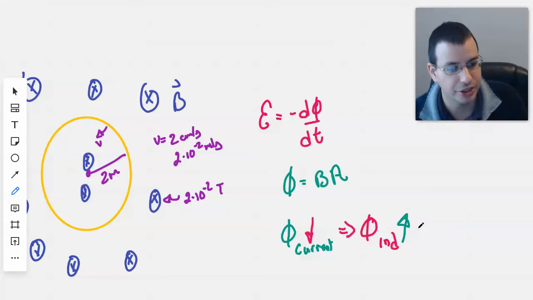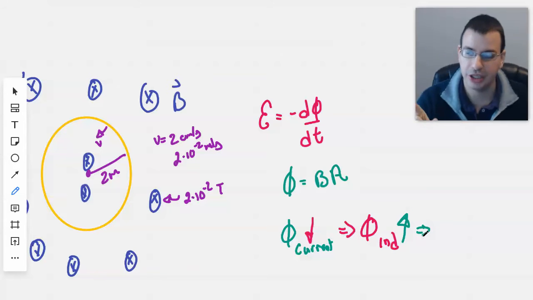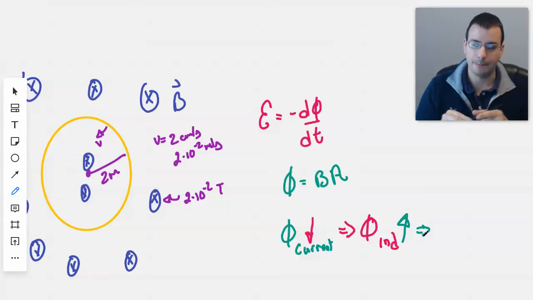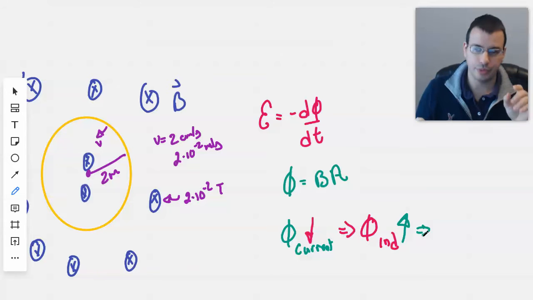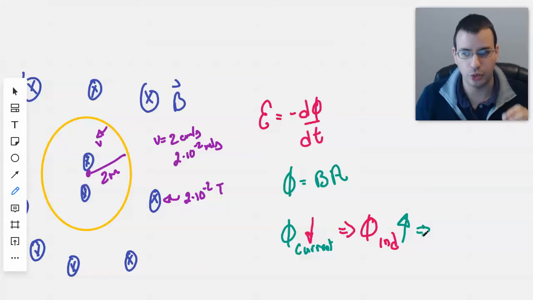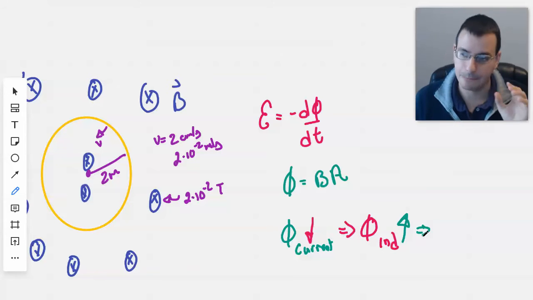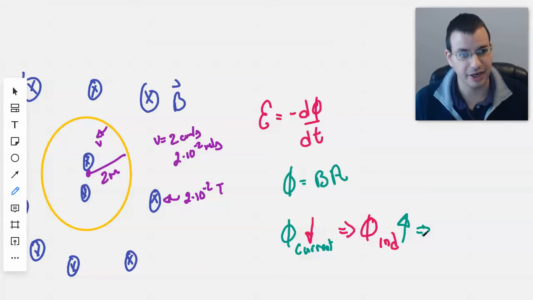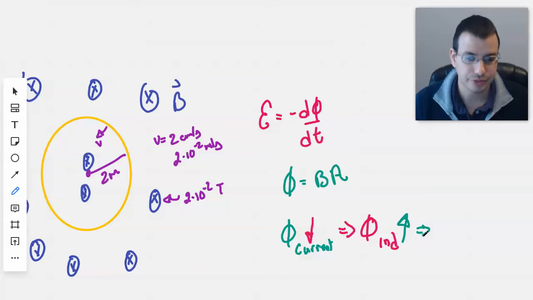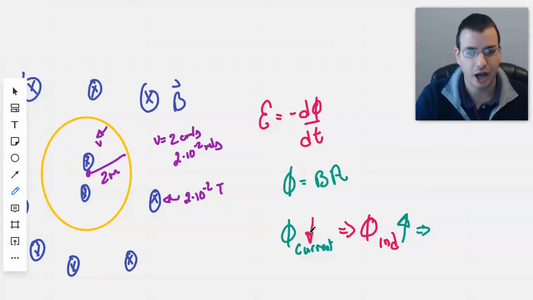And so what that's going to say is the circle will create an EMF, which will create a current, which will then reinforce the magnetic field that's going down. So we have the flux going down, so this wants to create a flux going up. And by down, I mean opposite of what it currently is.